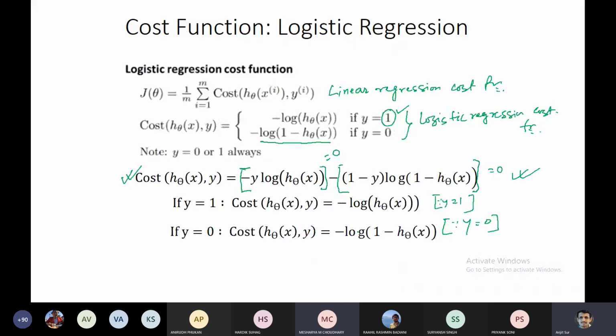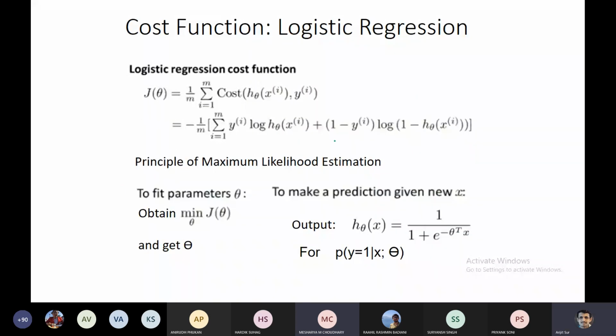We just rewrite this function, and we sum it up over m, the number of training samples. M is the number of training samples, and this is normalized by 1 by m.